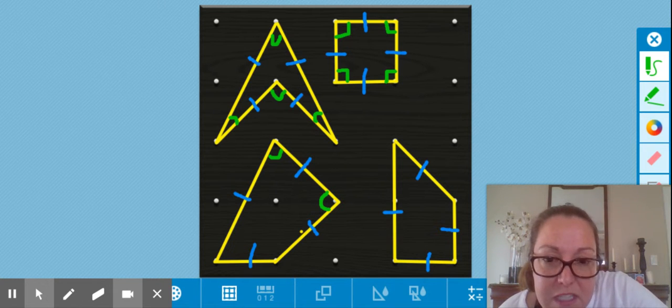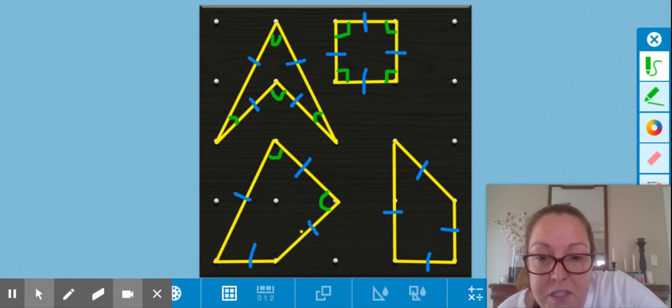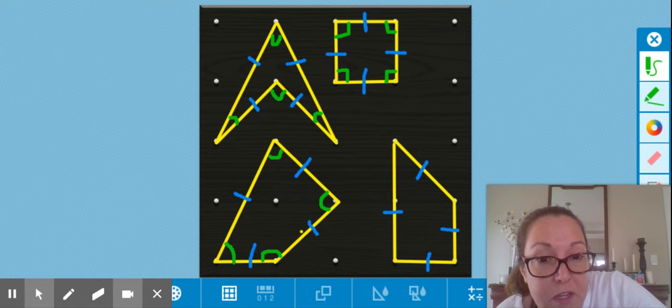It's kind of looking like it is, and it kind of looks like it isn't. So I'm just going to mark it like this. I'm not exactly sure. I'd almost have to measure it to be sure. This one I can tell is too big. And then I can tell this one here is too small. But look, 4 angles. Over here, we got 1, too small to be a right angle, too big to be a right angle, 2 right angles. And I am sure about these right here.